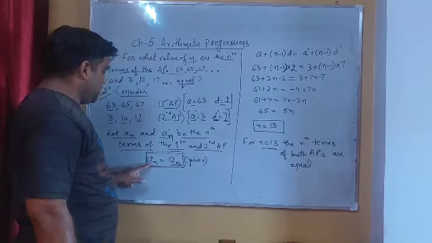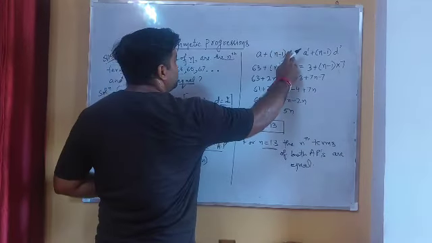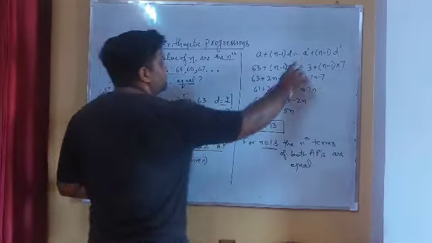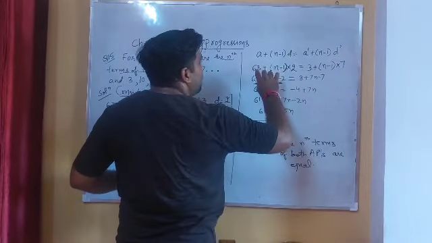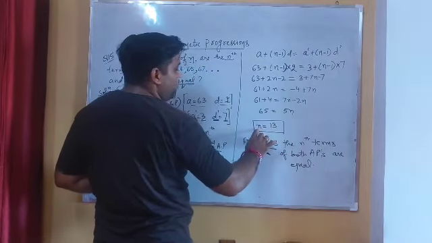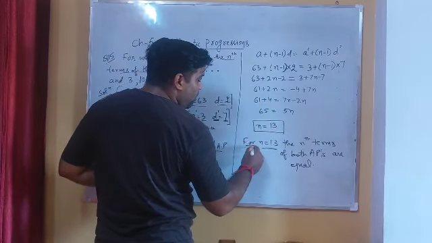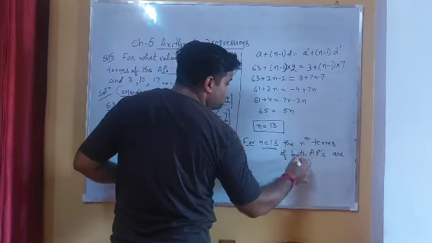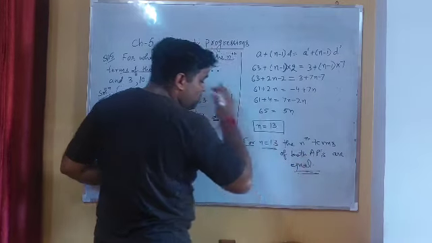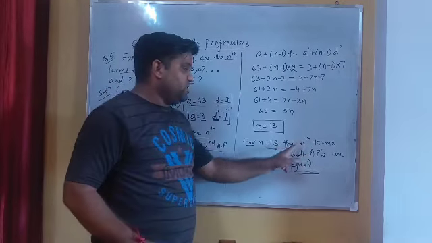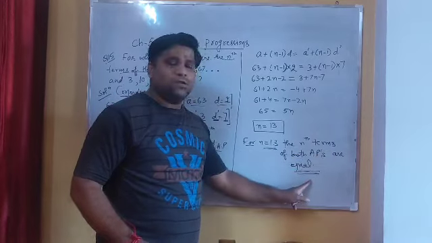Now we can write An as a plus n minus 1 into d. Similarly, we can write An dash as a dash plus n minus 1 into d dash. On putting all the values, we get the value of n equal to 13 after solving. So we can say that for n equal to 13, the nth terms of both APs are equal.